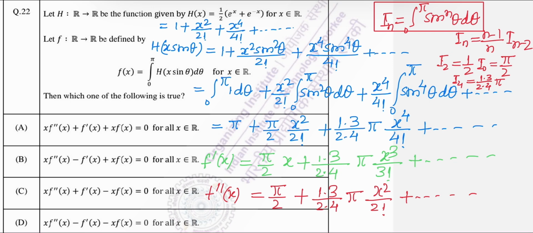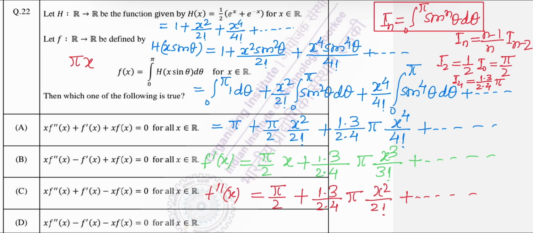Here is our f of x, and according to the question we have to multiply with x, and I just take the first term of each. If you multiply this with x, that will be pi x. I write here pi x in red.